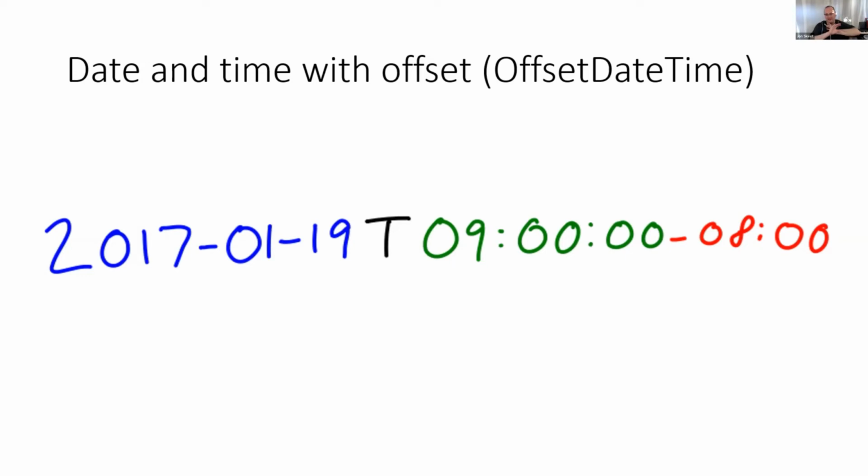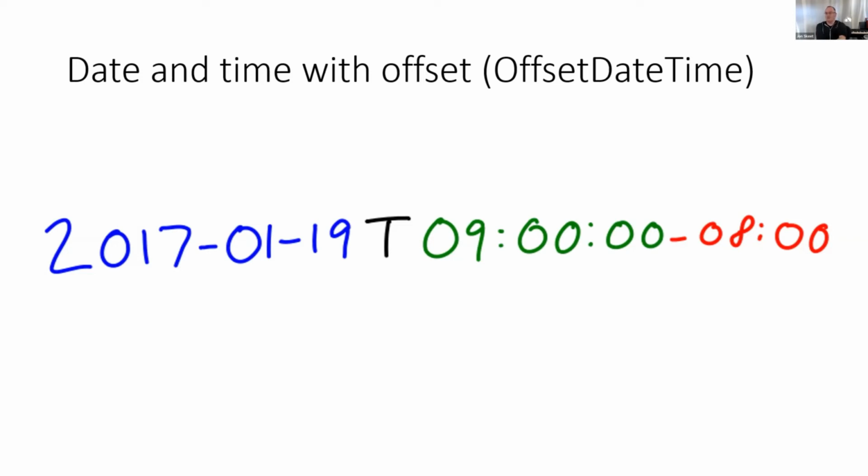Use ISO. Everyone knows how to understand ISO and it's unambiguous. Whereas if you've got 3/4/2022, is that the 4th of March or the 3rd of April? Who can tell? So always use ISO, just as a separate tip, unrelated to offset dates and times.